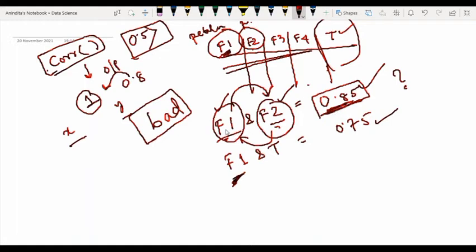If I use both the features in order to classify something, it is a mistake, because they are duplicate, redundant values. I am just increasing the dimension of my data set. So the first point you have to remember: high correlation between predictors is a bad thing. It will create redundancy. So what is the solution? If you find this kind of situation, you have to drop any one of the features.